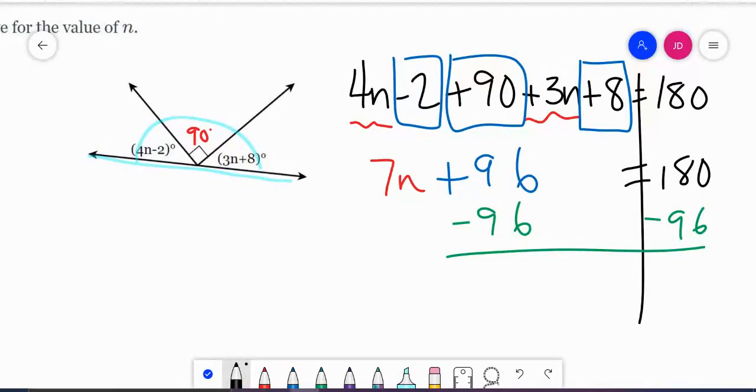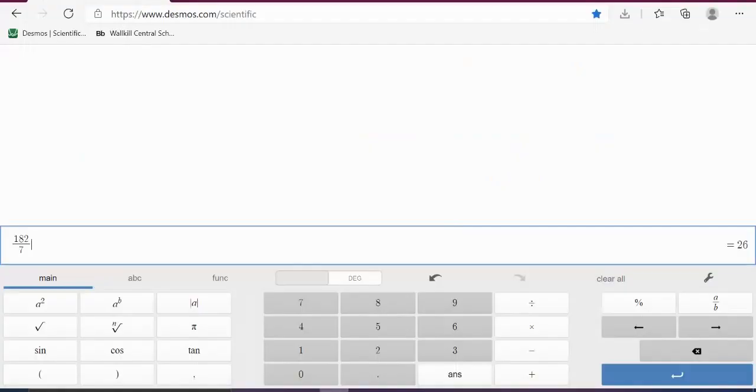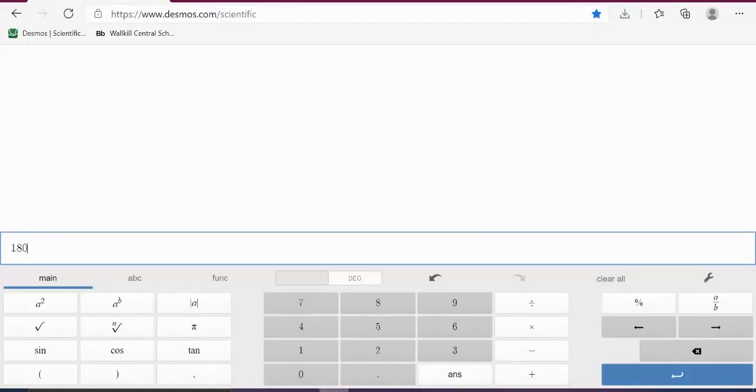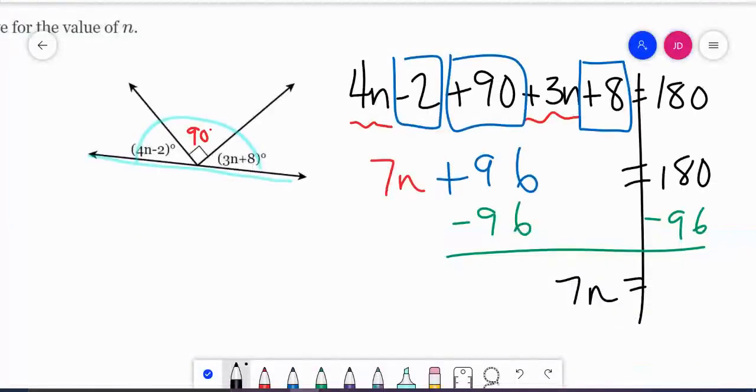And we get 7n is 180 minus 96, 84. Divide both sides by 7. And you get n is 12.